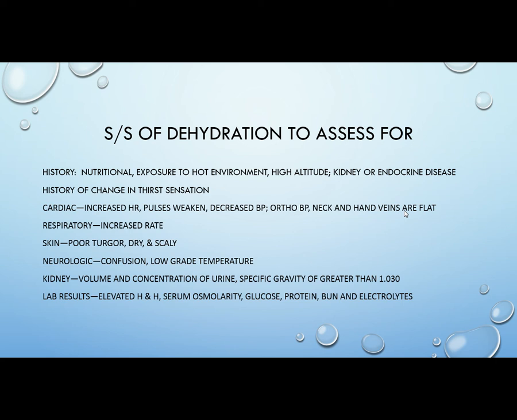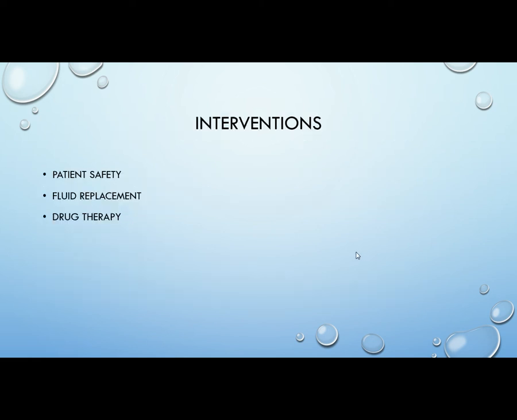Okay, and this slide shows you a little bit about your signs and symptoms on the lab results. You should have an elevated H&H for somebody that's dehydrated. You'll see serum osmolarity will be elevated. Their glucose, protein, their BUN, and their electrolytes will all be altered. And they're going to have a specific gravity that is greater than 1.030, okay?